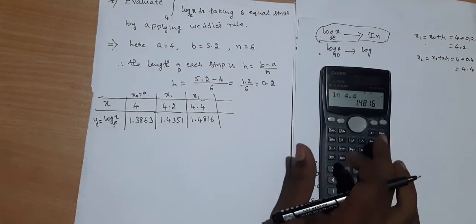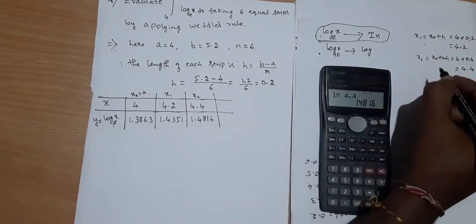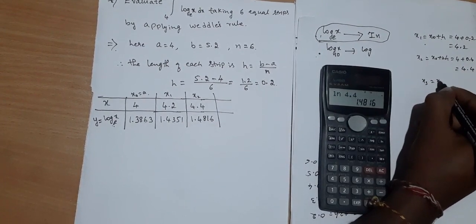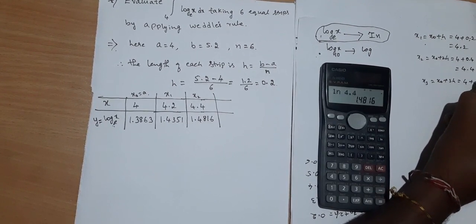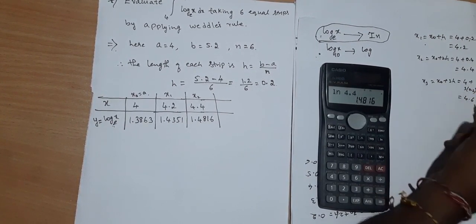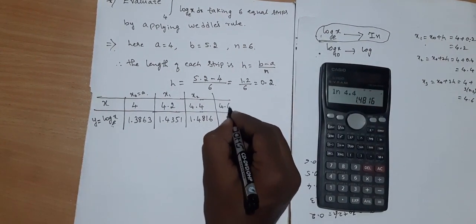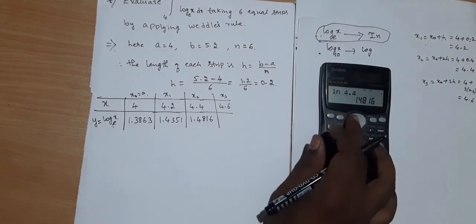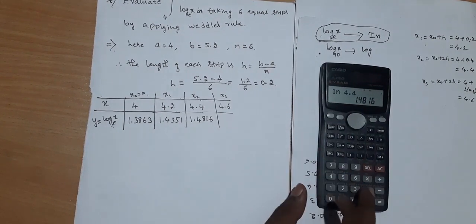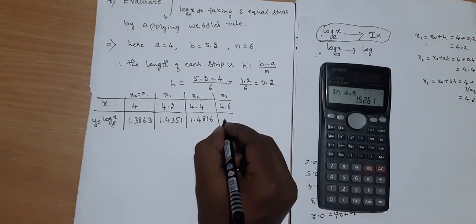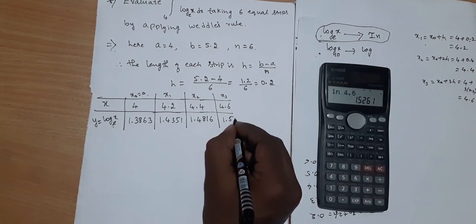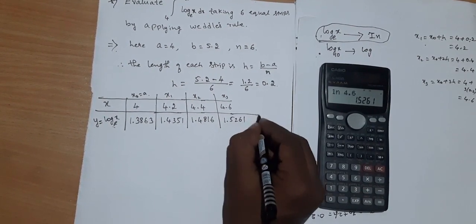Remember you have to use ln here. Now x3 equals x naught plus 3 times h. So 4 plus 3 times 0.2, you'll get 4.6. Instead of 4 I substitute 4.6 here. So we get 1.5261.